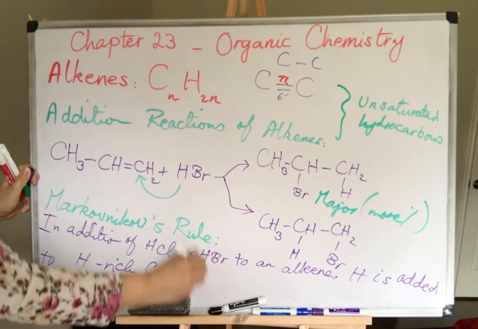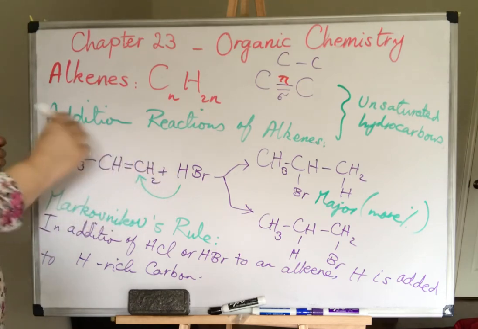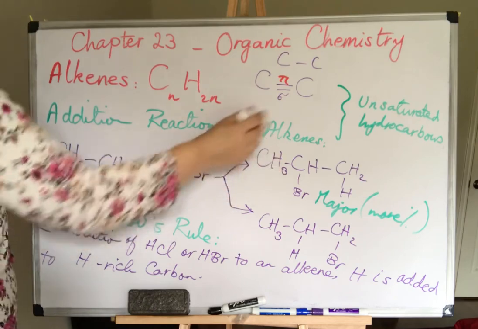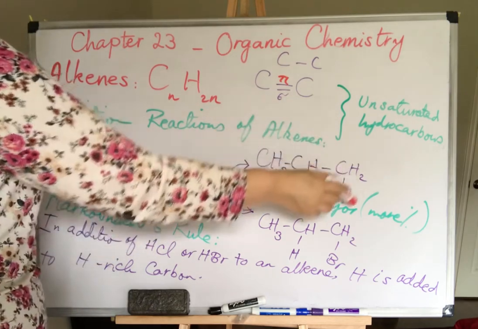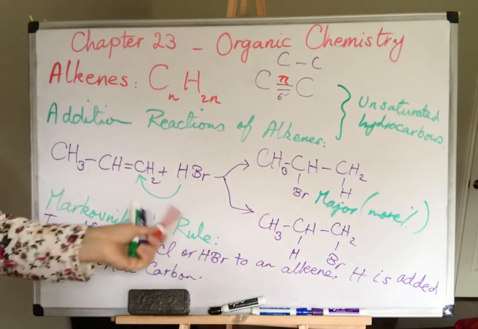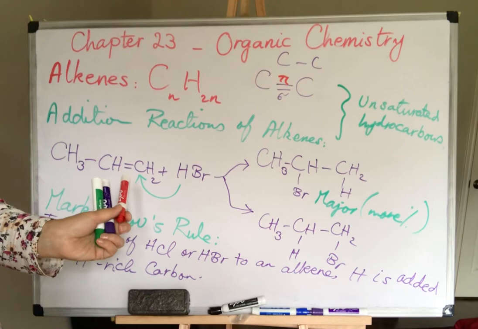So we say rich gets richer, right? That's the rule. It's an unfair rule. So hydrogen will be added to the hydrogen-rich carbon. Then if you're supposed to pick the product, you will always choose the product that has hydrogen added to the hydrogen-rich carbon.